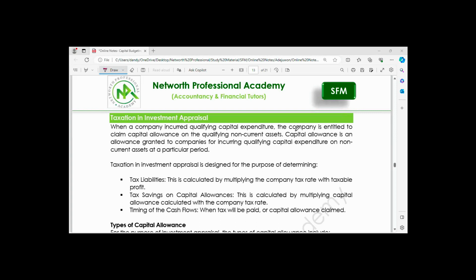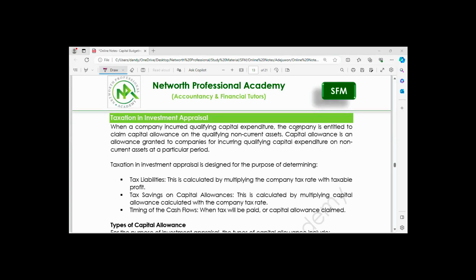Which takes us to the third type of capital allowance, which is balancing allowance. The balancing allowance represents the difference between the tax written down value from the preceding year and the sales proceeds at disposal.